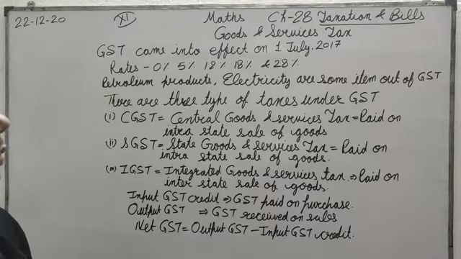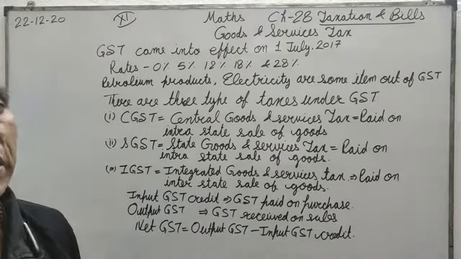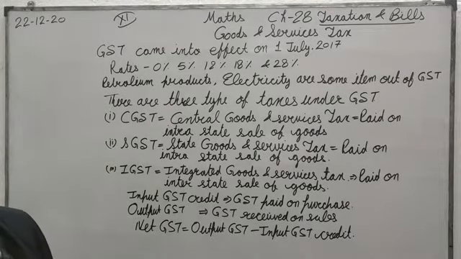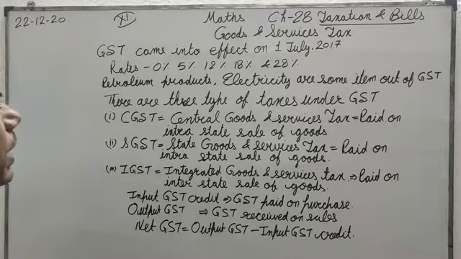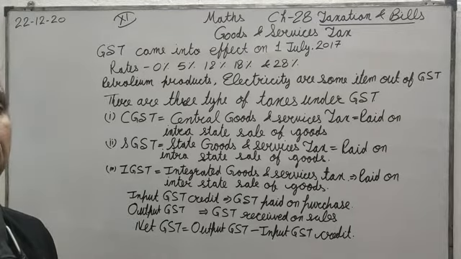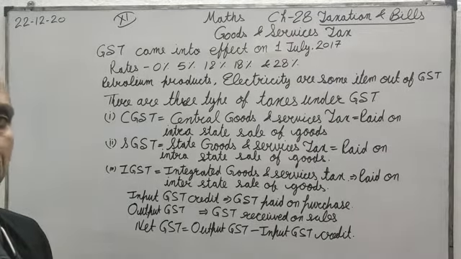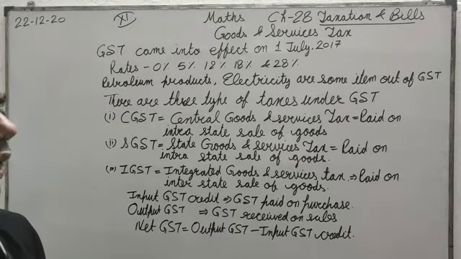On 1st July 2017, all these taxes have been merged, and thereafter the only tax implemented on all sales and purchases is goods and services tax, and its rates have been decided as 0%, 5%, 12%, 18%, and 28%. There are a few products like petroleum and electricity which are exempted from GST. On that, GST is not there, other types of taxes are there.